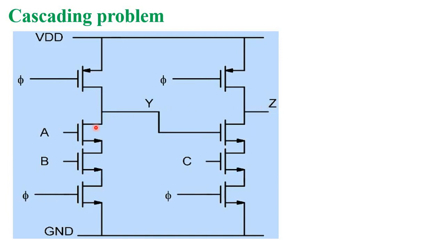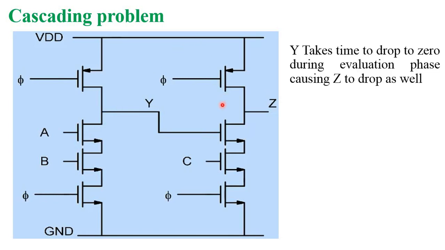But in the evolution phase, it takes some time for the output to drop to 0. So what happens?